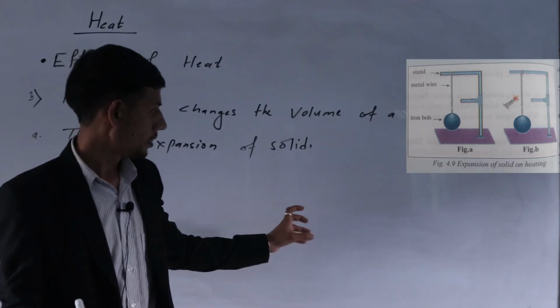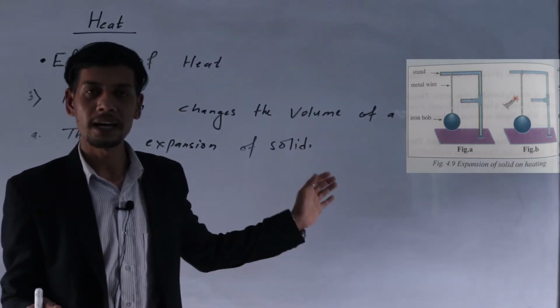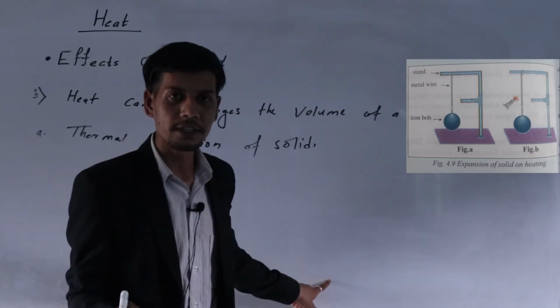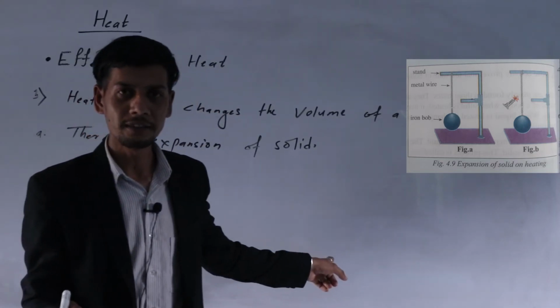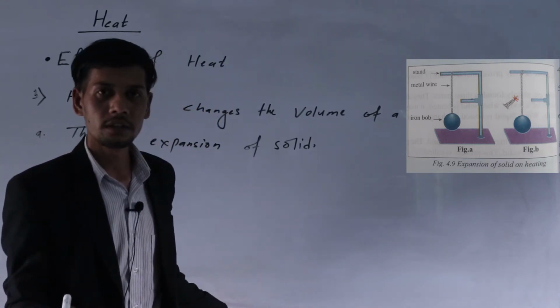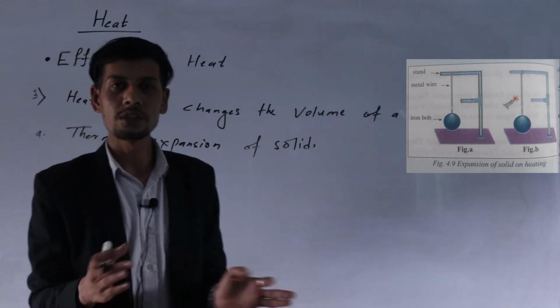Before heating, the metallic bulb does not touch the lower surface, but after heating, the metallic bulb touches the lower surface.